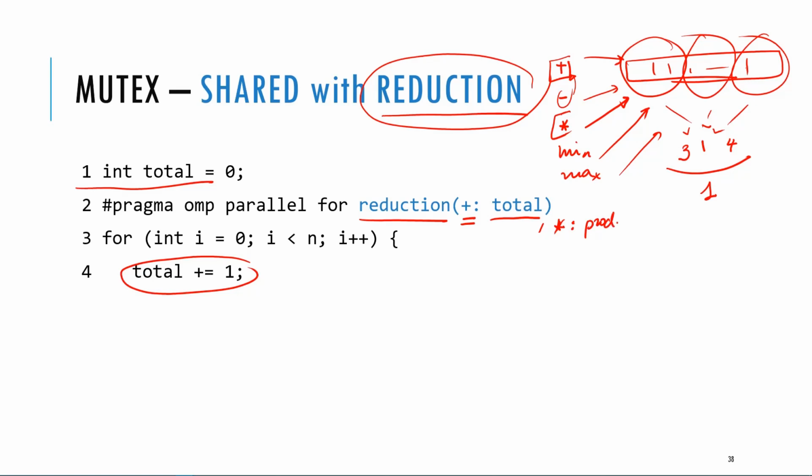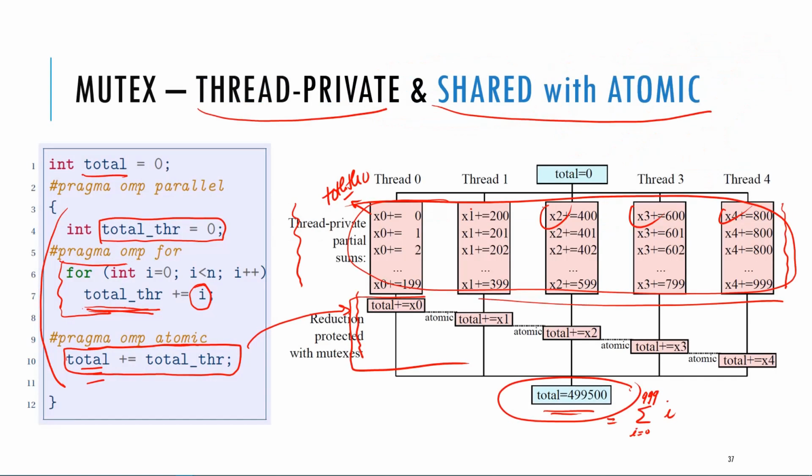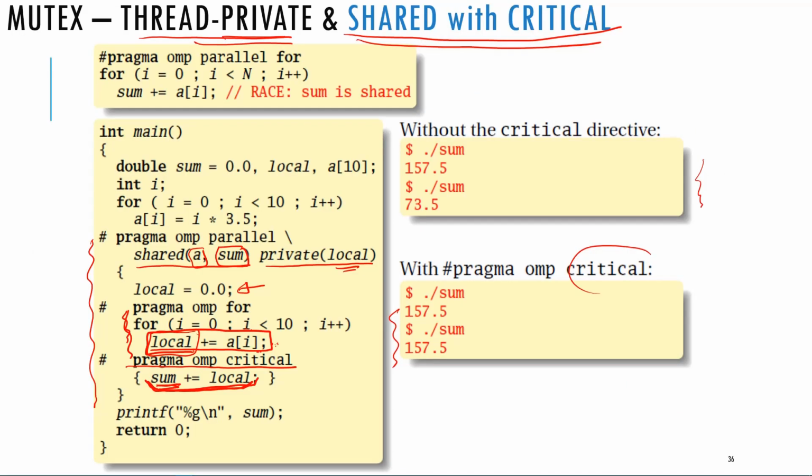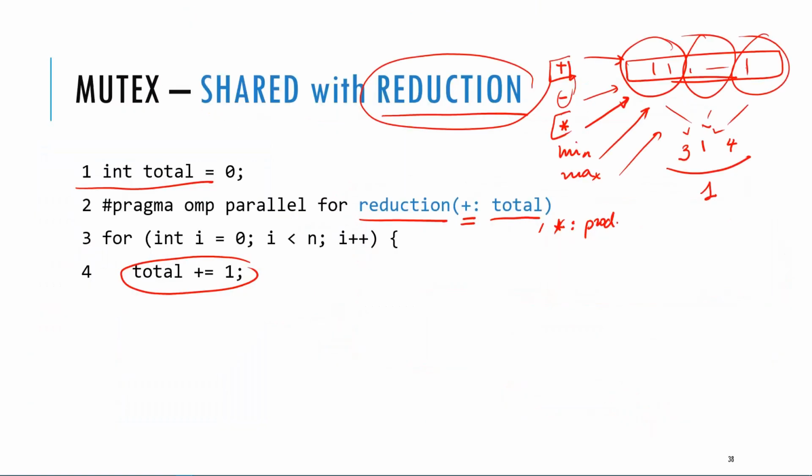So this works exactly as a simulation of the code that we saw there, with the shared and thread private variable for the partial sum or the partial multiplication product or the partial minimum, and then a critical or atomic for the final reduction, for the final global total or global product or the global minimum, and so on and so forth.